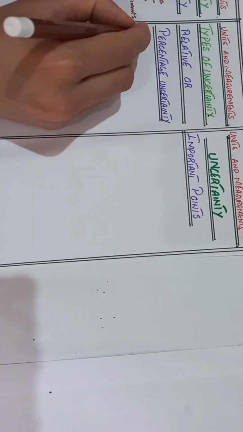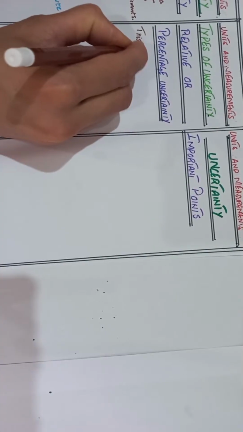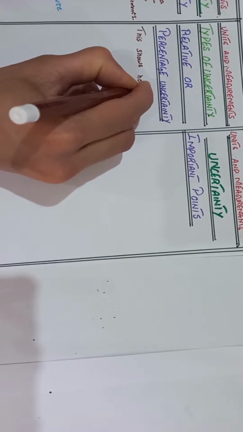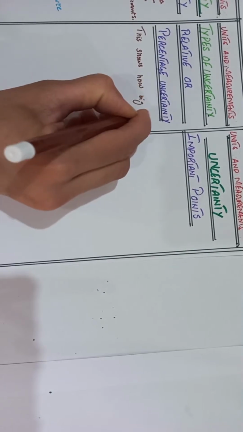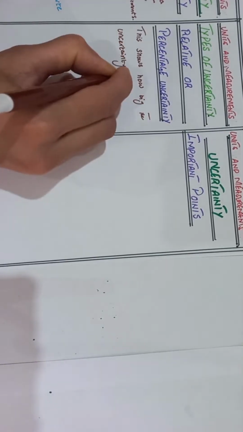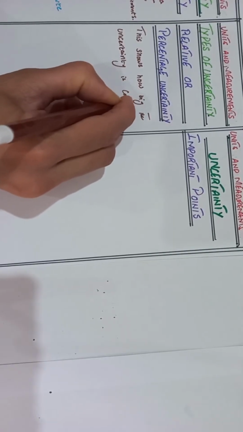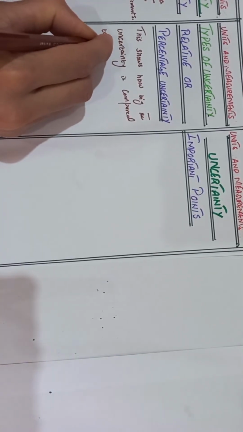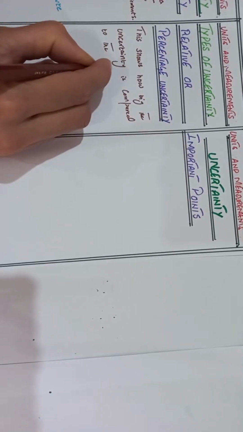So here we write that this shows how big the uncertainty is compared to the value.